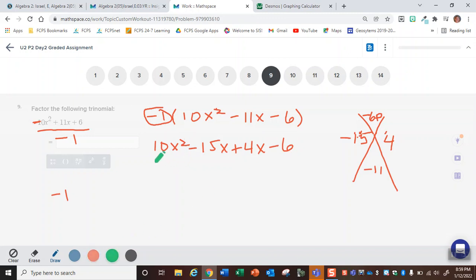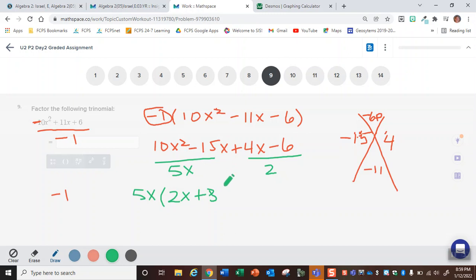And then I'm going to do my grouping. They both have a 5 and they both have an x. Here, GCD would be 2. So now the 5x comes out front. And then I'm dividing, so 10x squared divided by 5x is going to be 2x. 15 divided by 5 is 3.